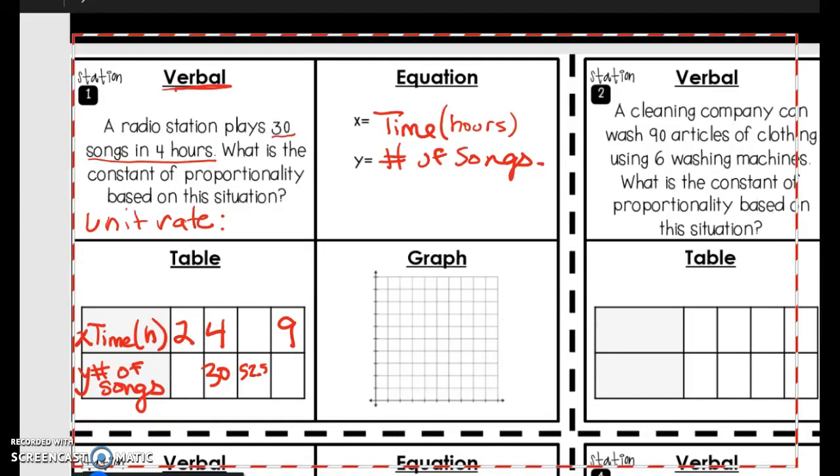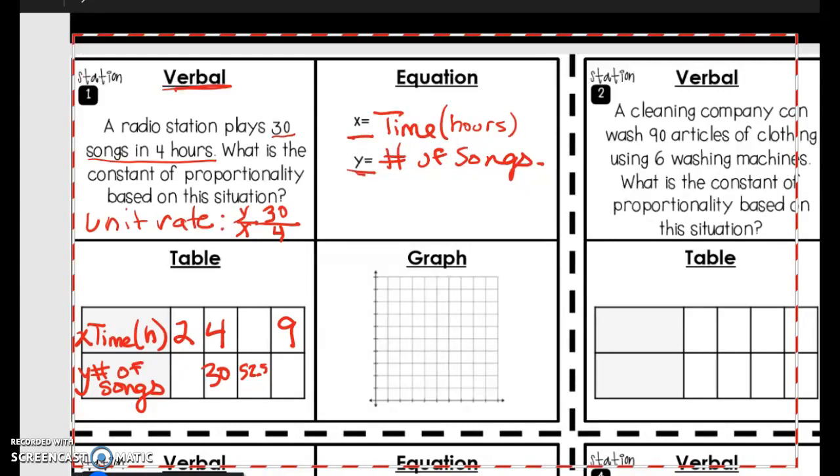So remember unit rate, we want to take our y divided by x. So our y is the number of songs and our x is time. So go back to our problem. Number of songs was 30 and our time, x, was 4. Okay, so see where I found all those numbers? I wanted my y divided by x, and I knew that because of my table.